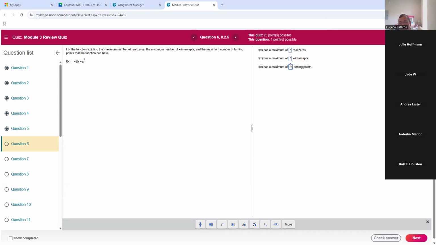The one that is different is the maximum number of turning points. It is going to equal the highest exponent minus 1. So highest exponent is 7, minus 1 would make that 6. So these will always be in this form, 7, 7, 6, 5, 5, 4, 8, 8, 7, okay? The third answer will always be one less than the first two.